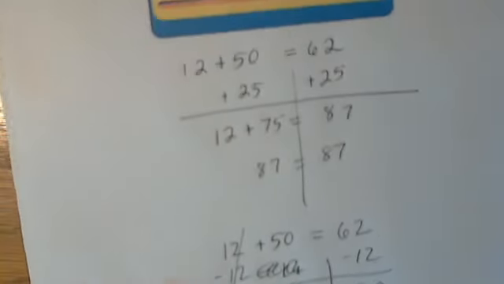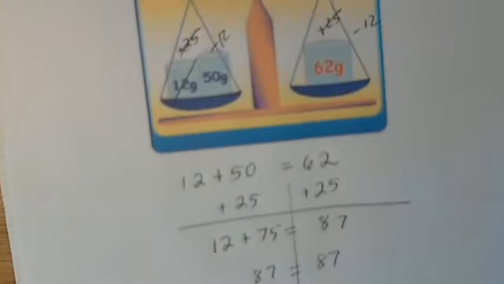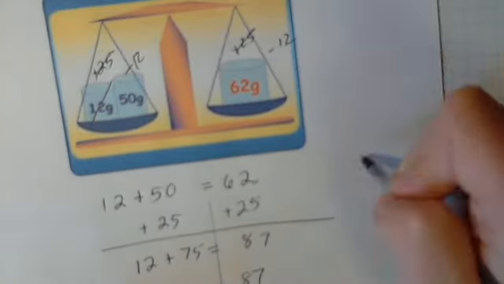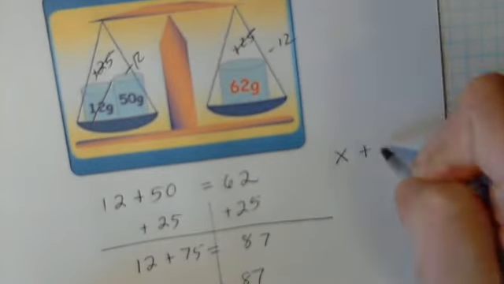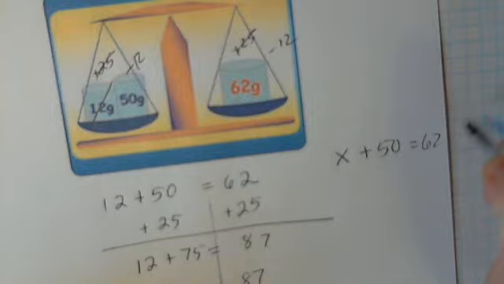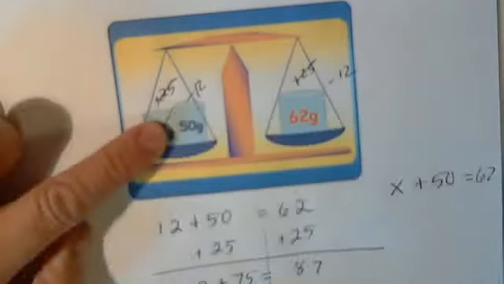Now this seems perhaps overly simple, but when we're solving equations, it's going to look very similar, only we might have something like this instead. X plus 50 equals 62, where this amount of weight is unknown. And how would we solve it?